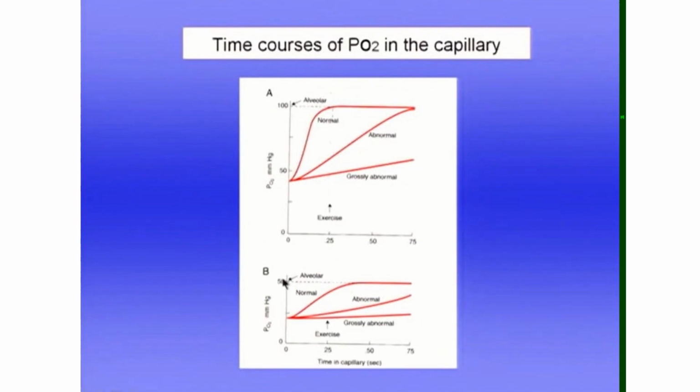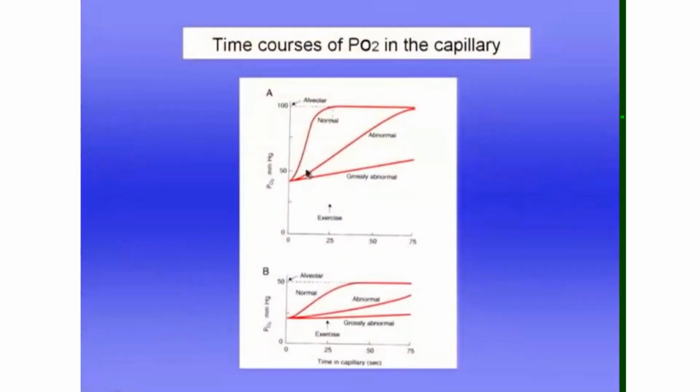So we've looked at the factors that determine whether a gas is perfusion or diffusion limited when it crosses the blood-gas barrier. Now let's take a more detailed look at oxygen, because obviously that's the gas that we're most interested in. The top drawing here shows what happens with a normal alveolar PO2, which is 100 millimeters of mercury.